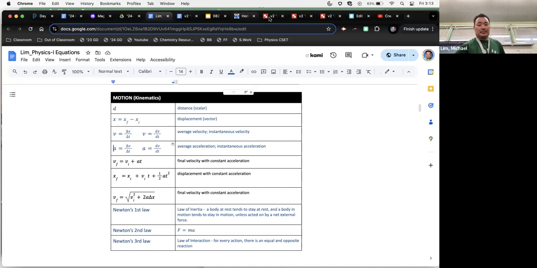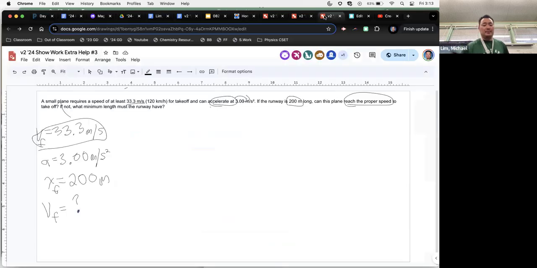Okay, so let's write that down. Going to be the same thing we've been using from before. VF equals square root of VI squared plus 2A delta X. So that is our starting point.